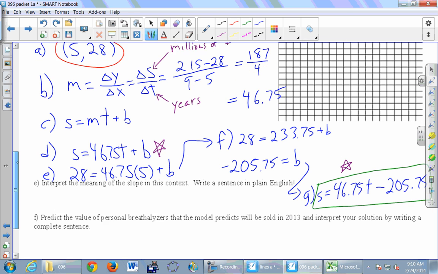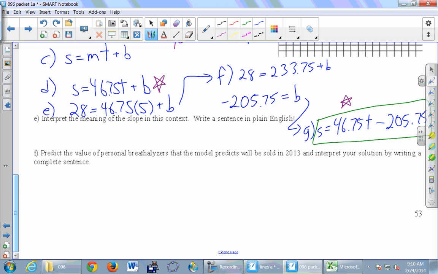Okay, so let's get our sentence in here. Something was changing by $46 million per year. What was changing? Was it time or was it sales? Sales. So we just have to start the sentence with sales. Sales were... Now you could say changing, and in fact, you could probably say changing in just about every interpret the slope question. But I'd rather not use the word changing. I want to get something a little more precise. That 46 million was a positive number, so that means that sales were growing or increasing.